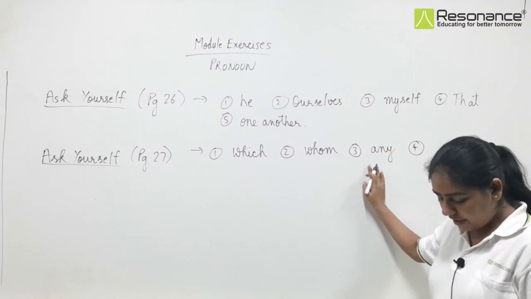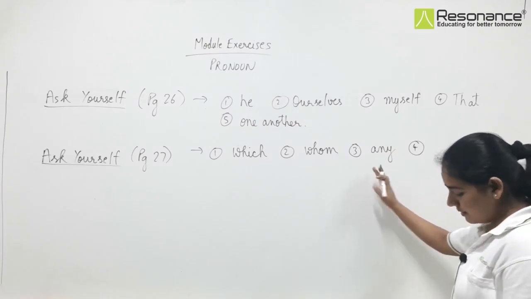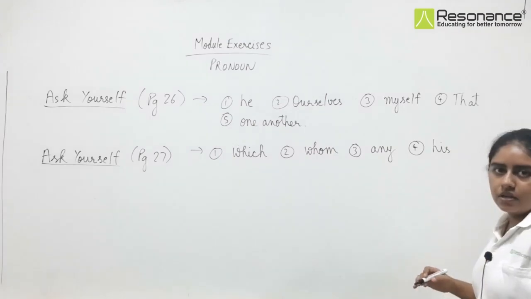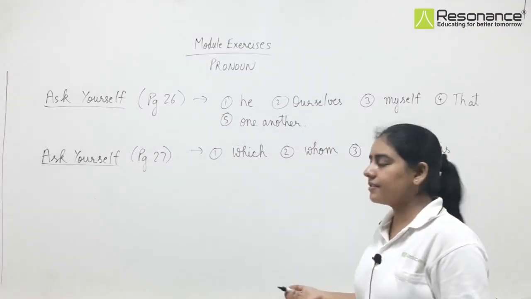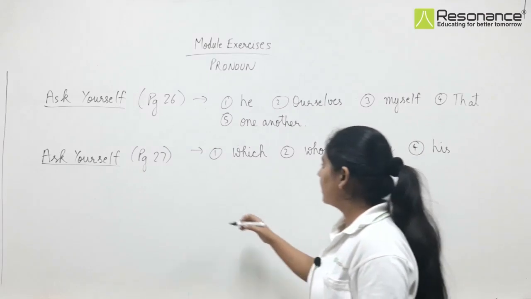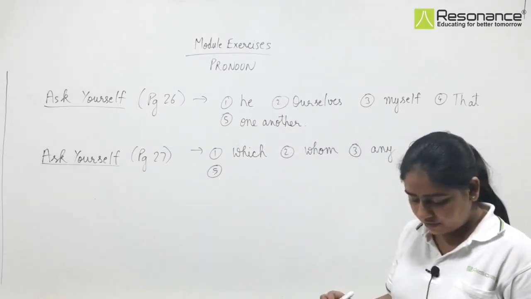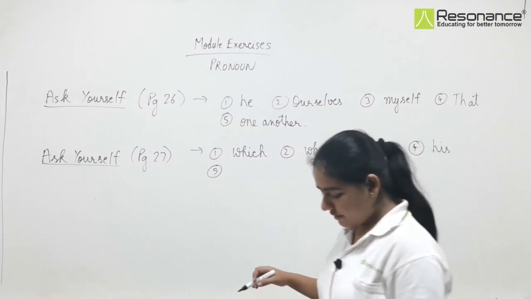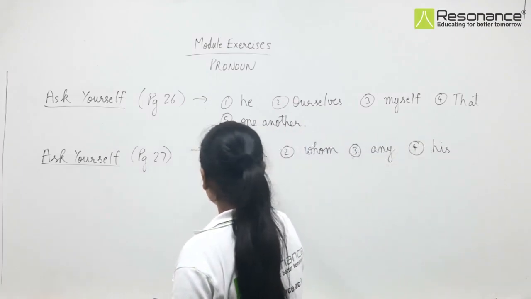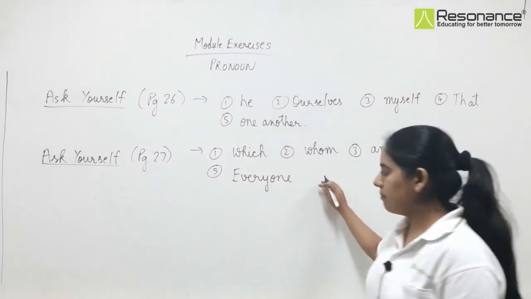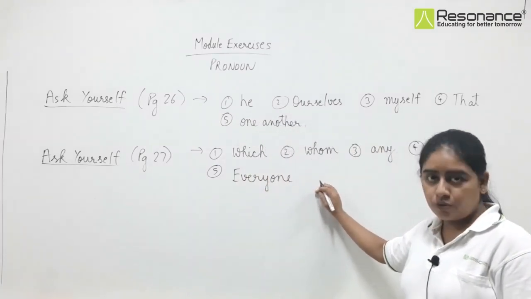Then question number 4, he must not praise dash achievements. For he, we use his. The possessive case of he is his. So we will write his achievements. And question number 5 of this exercise, dash of them is doing his duty. So here we will write everyone of them is doing his duty.